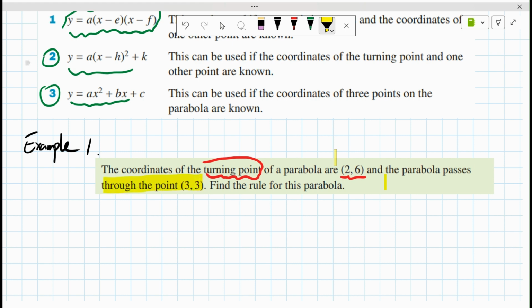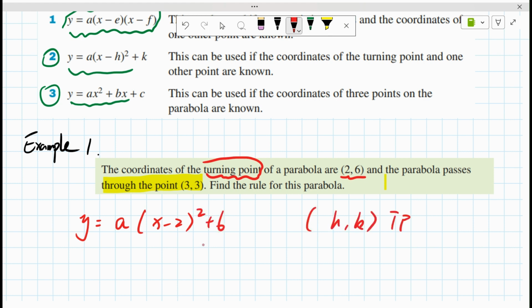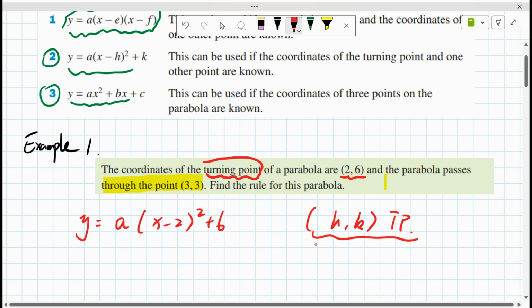That's pretty important as well. So if they're giving the turning point, we can write y equals a(x minus 2) squared plus 6. So we know h and k is your turning point. That's how that works.